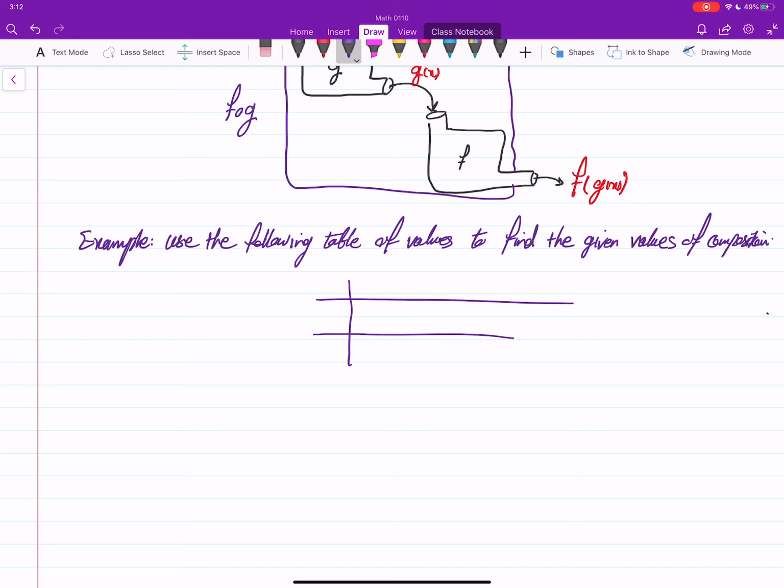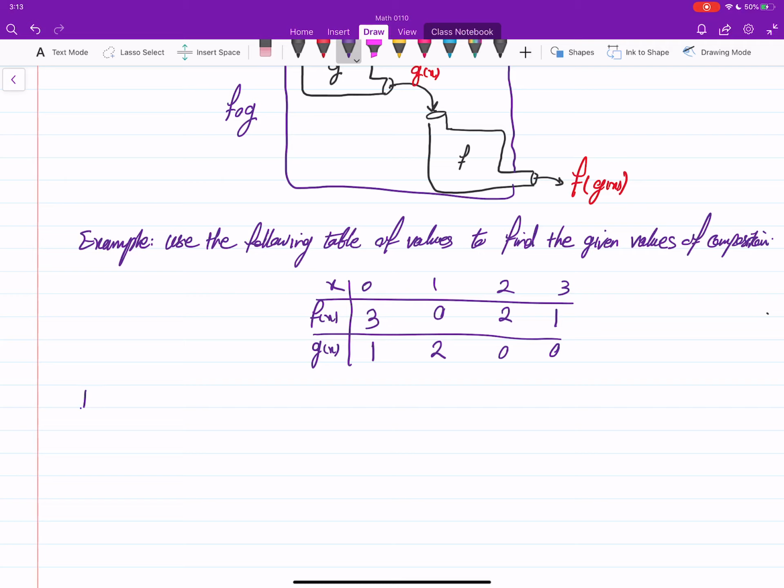So we have this table of values for two functions actually. One is f(x), one is g(x). The values of x are 0, 1, 2, 3. Values for f: f at 0 is 3, and then at 1 is 0, at 2 is 2, and at 3 is 1. g at 0 is 1, at 1 is 2, at 2 is 0, and at 3 is 0.